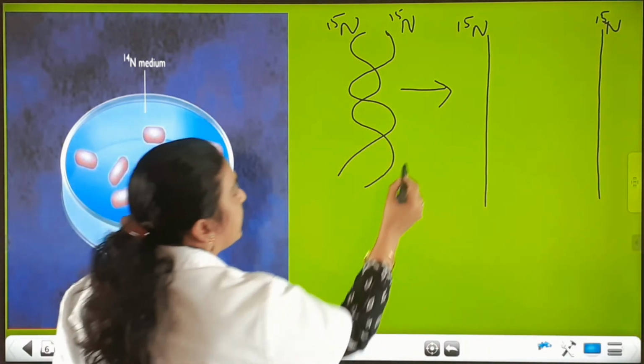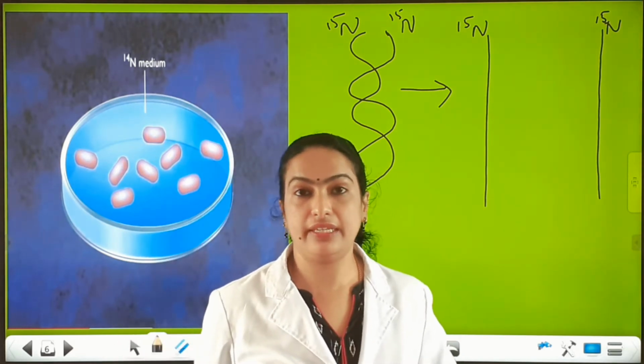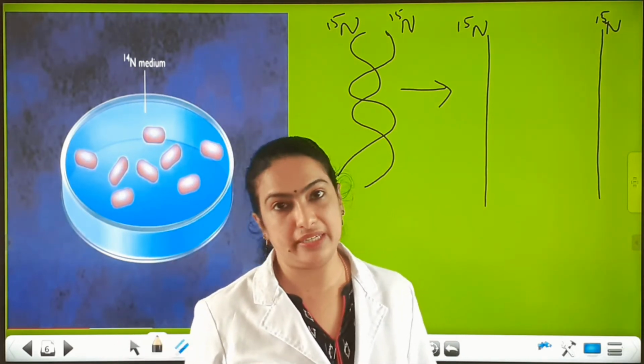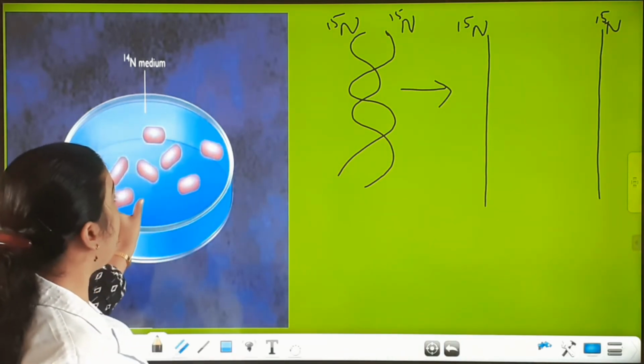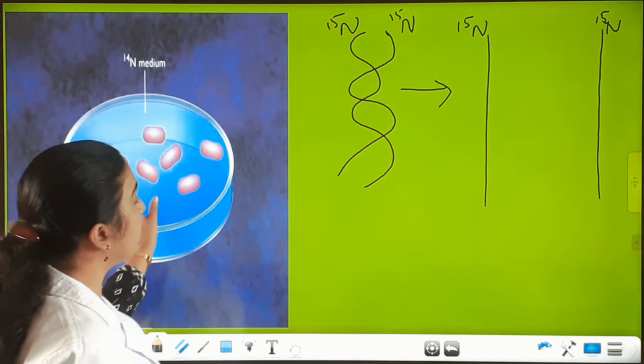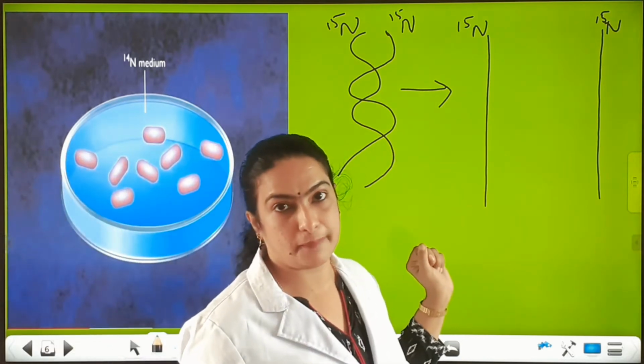And after 20 minutes, as I told you, every 20 minutes the DNA can replicate, the E. coli can replicate. So by putting it into a light isotope of nitrogen containing medium, after 20 minutes they observed the first generation.